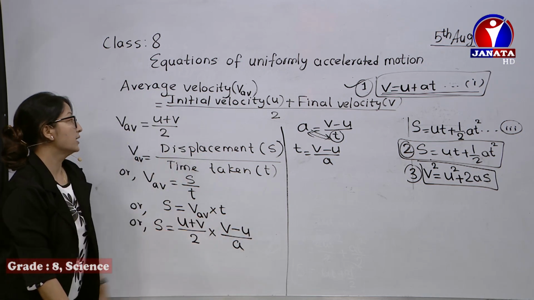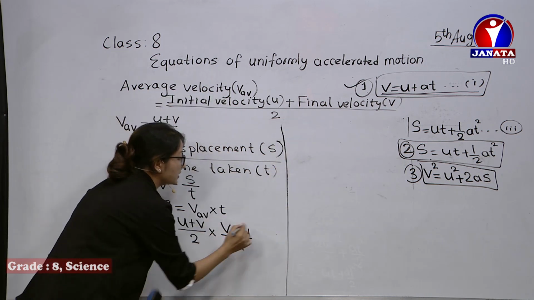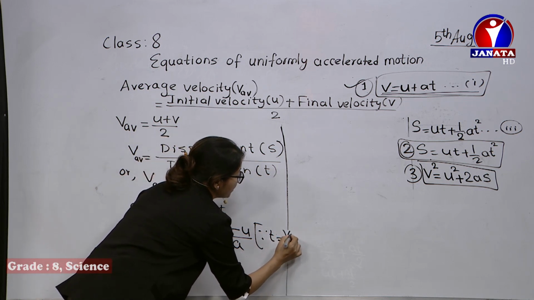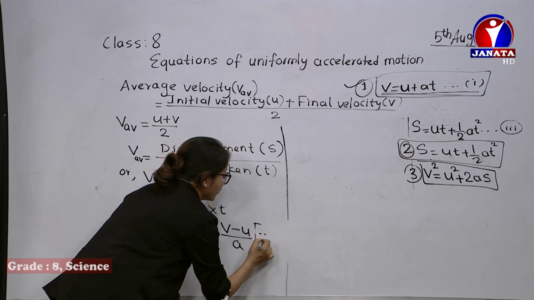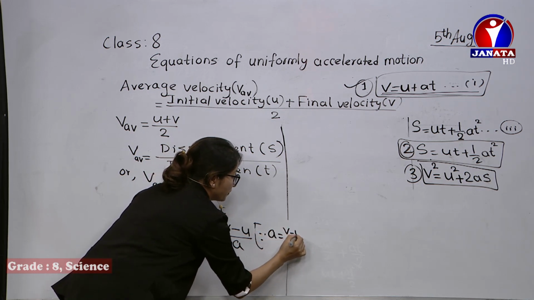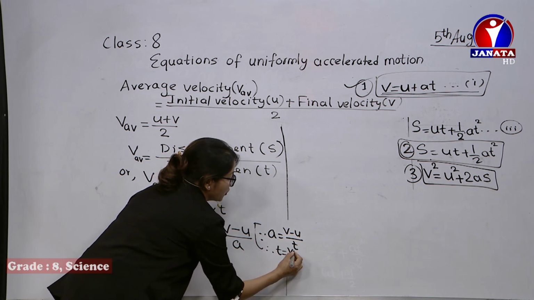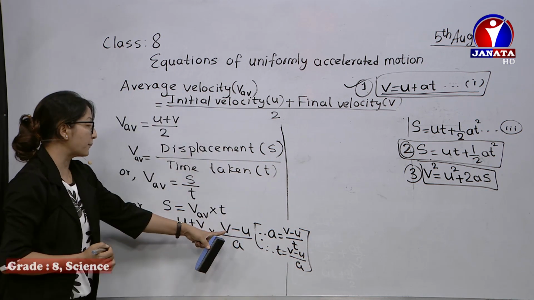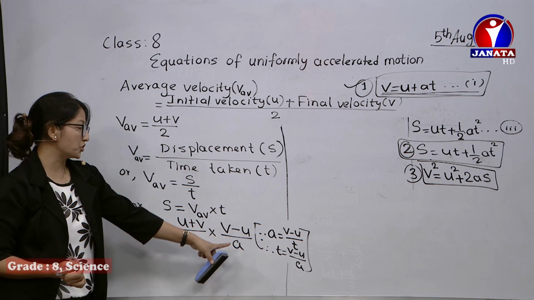In short, we can write here the reason: it's because a equals (v minus u) by t, therefore t equals (v minus u) by a. Just for simplicity, to remember why we have kept its value, we can write this as the reason here.